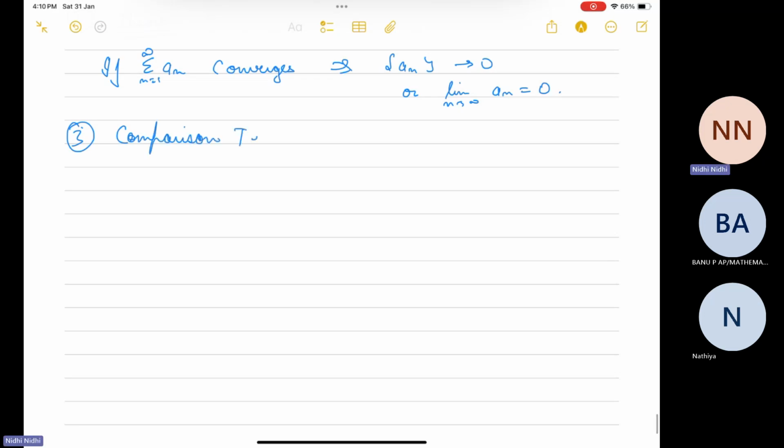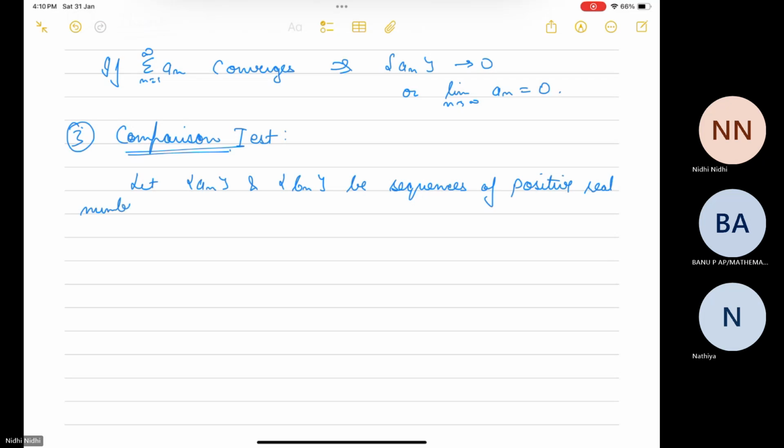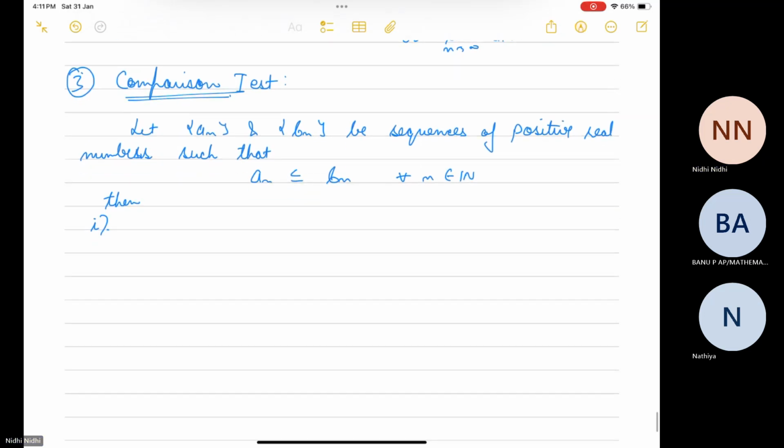Comparison test. It says that suppose an and bn be sequences of positive real numbers such that an is less than or equal to bn for every n. Then we have the following.